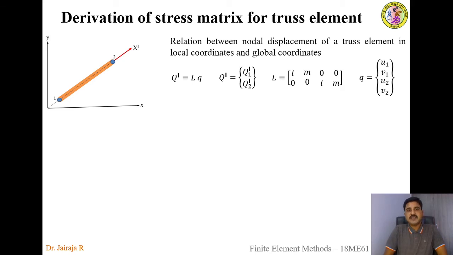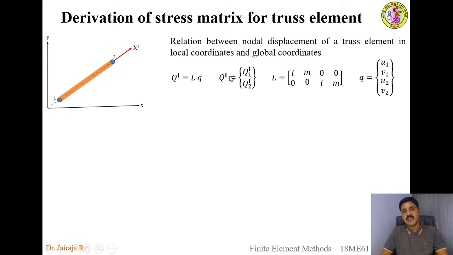So next, derivation of stress matrix for truss element. How to derive stress for truss element? The same single truss element is considered, formed between node 1 and node 2. X dash is the local coordinate and x and y are the global coordinate, and we know the relation between nodal displacement of a truss element in local and global coordinate, that is q dash is equal to L into q.